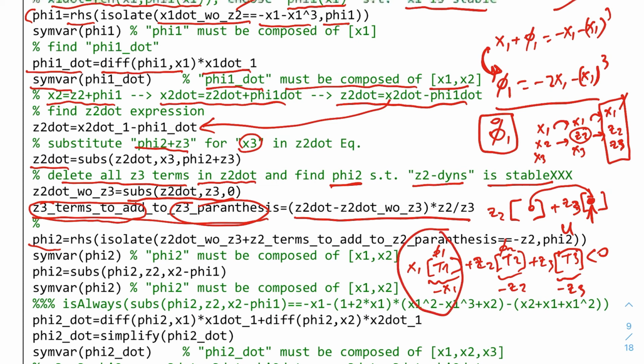First solve for phi 1, then solve for phi 2, because there will be phi 1 and phi 2 and also phi 1 dot and phi 2 dot. Then solve for u and obtain u as a function of x1, x2 and x3. This is the general idea.